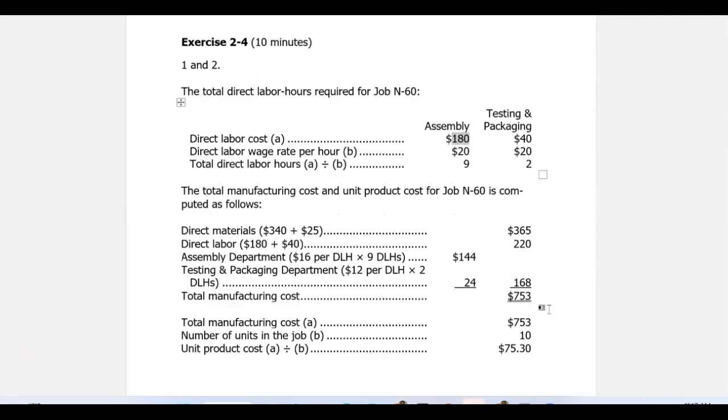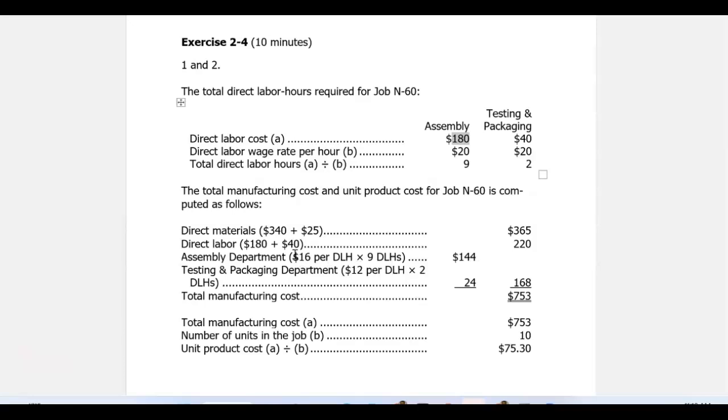Direct materials for assembly is $340, for packaging is $25. That's $365. Direct labor for assembly is $180, for packaging is $40, that's $220. Assembly department is $16 per direct labor hour predetermined rate, times 9 direct labor hours, that's $144.